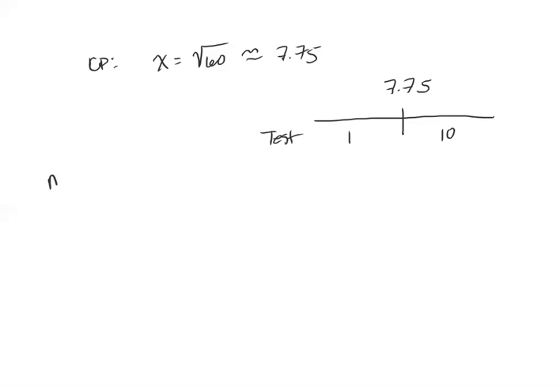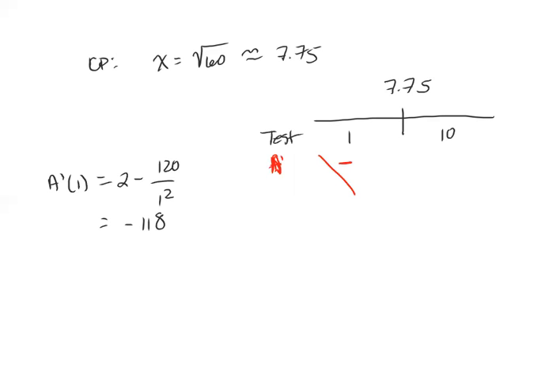So A prime of 1 is equal to 2 minus 120 over 1 squared, which is equal to negative 118, which is certainly negative. All I care about is that it's negative. So the function is decreasing. A prime is negative for that particular interval.